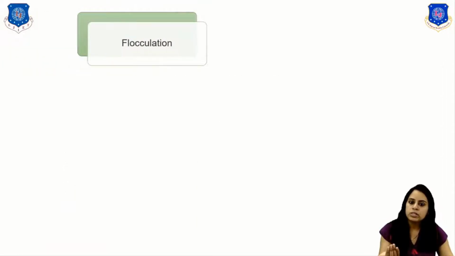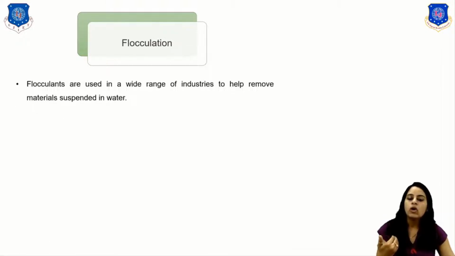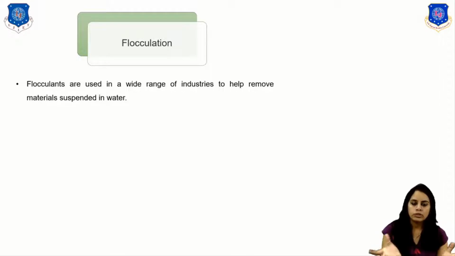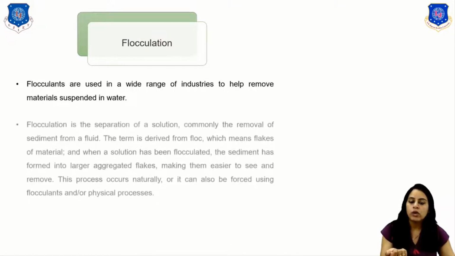Now the next process is flocculation. After the coagulation process, the flocculation process comes, right? Flocculation means floc formation. It is used in a wide range of industries to help remove material suspended in water.